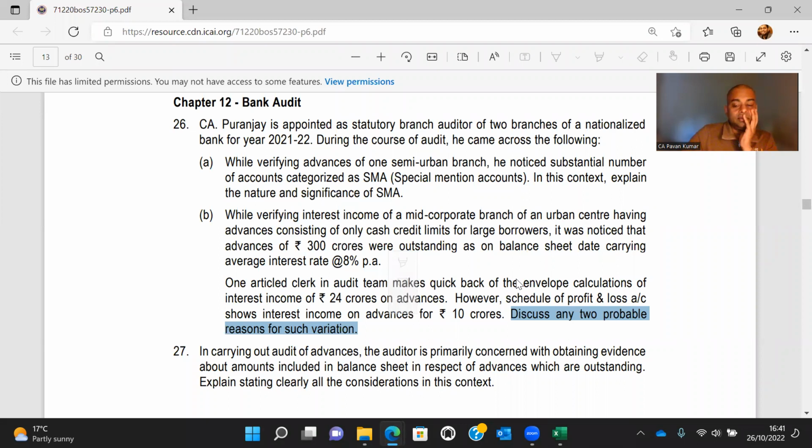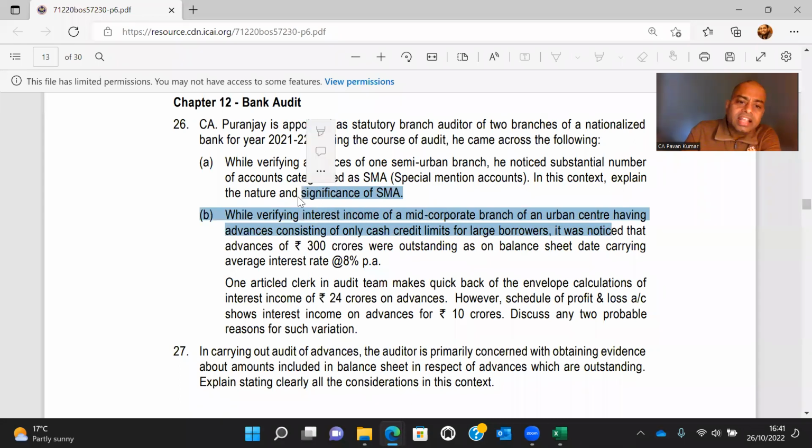So Nazia, what do you think? NPA? No. There is no NPA in the question. It is not because of NPA. Simple, ma. Try to understand. They are cash credit. All their advances consist of only cash credit limit.